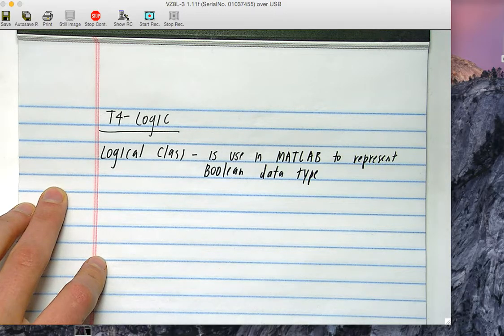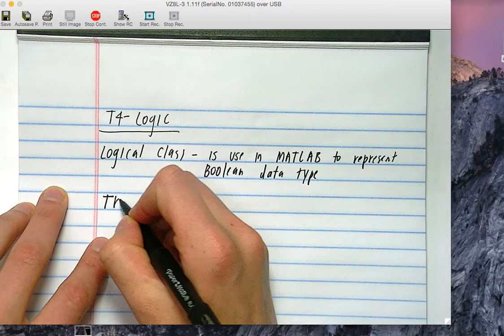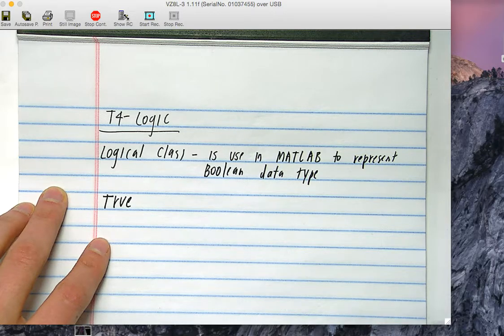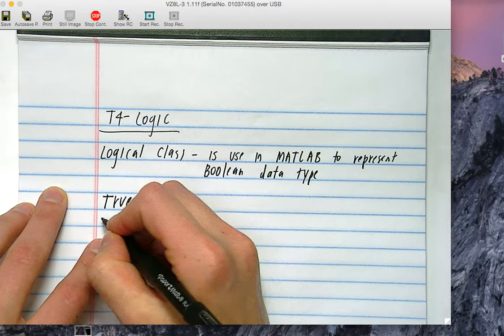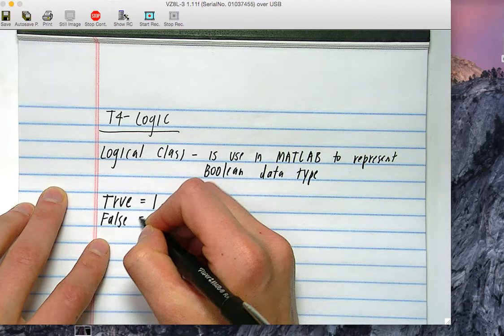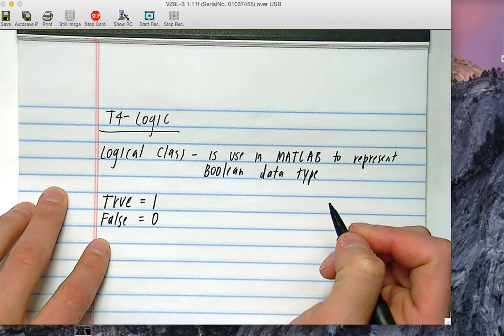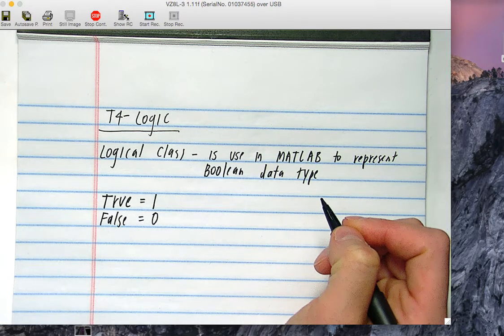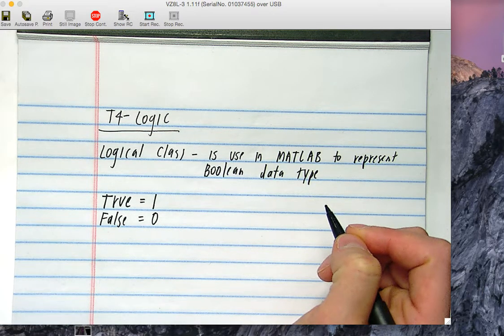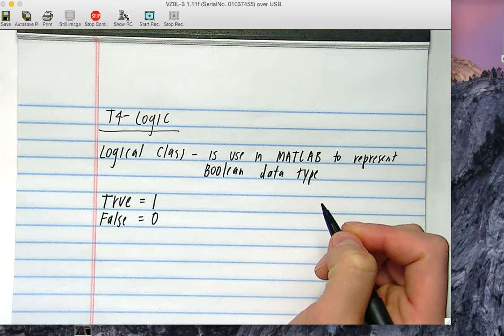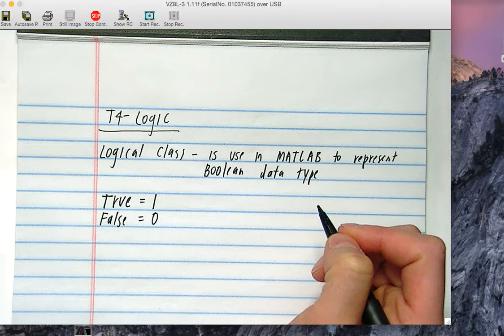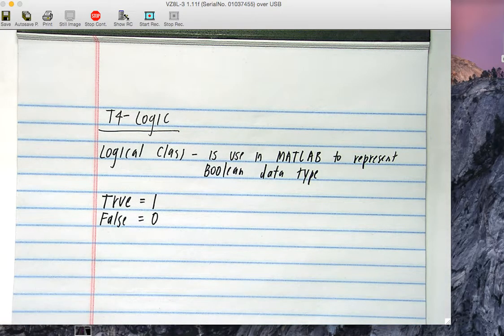In MATLAB, the conversion function is called logical, I think. If you would like to represent something as true, MATLAB uses 1. And if you'd like to represent it as false, it uses 0. It used to be that these were actually different than the numbers 1 and 0, but now MATLAB treats them exactly the same as 1 and 0. So if you have arrays with true and false values, you can do arithmetic with them if that helps with the algorithm or the logic you're trying to develop.